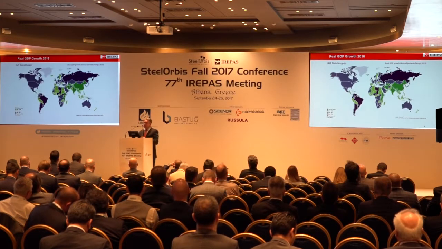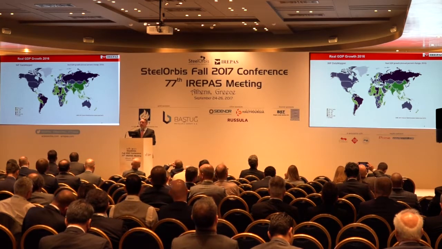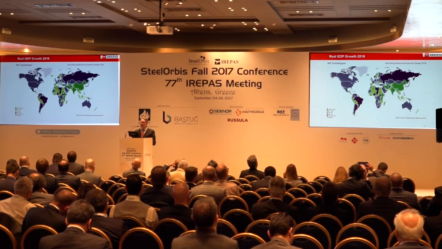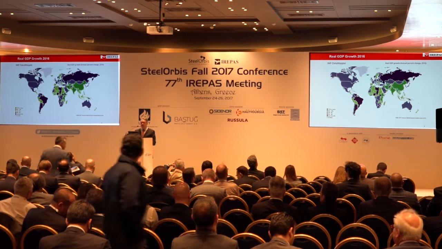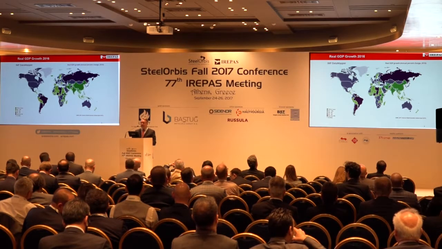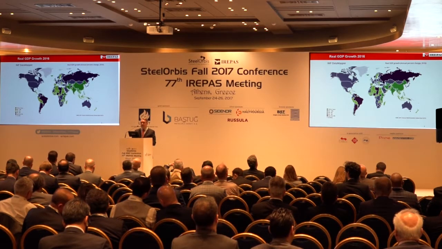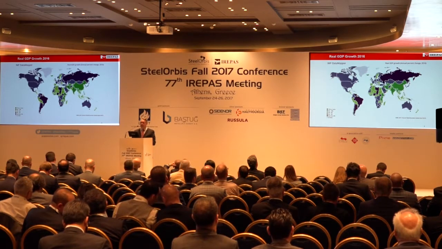Let's see the same information on a map. In front of you, you have the map of the GDP growth in 2016 in the different countries of the world. You can find some countries like Brazil or Russia that in 2016 were decreasing their GDP, and that's the reason why they are in a strong blue.